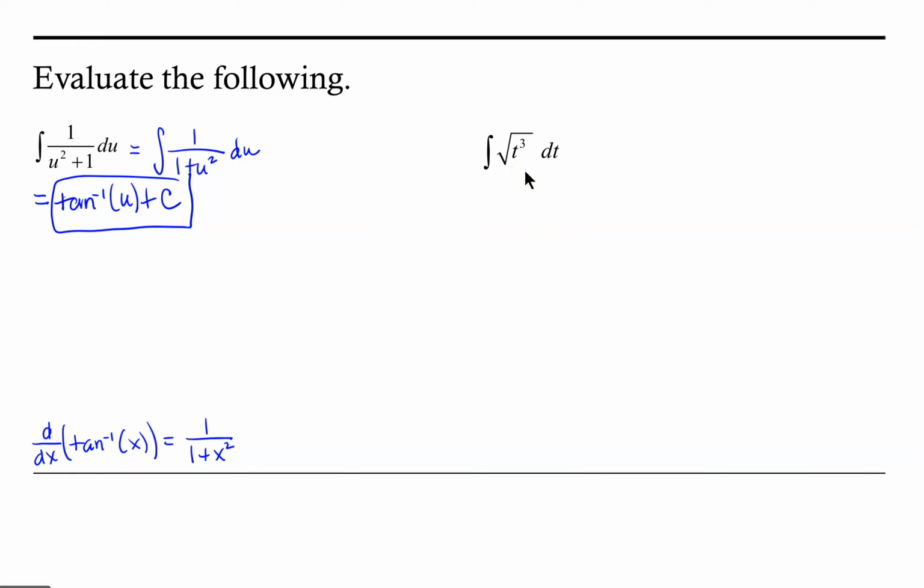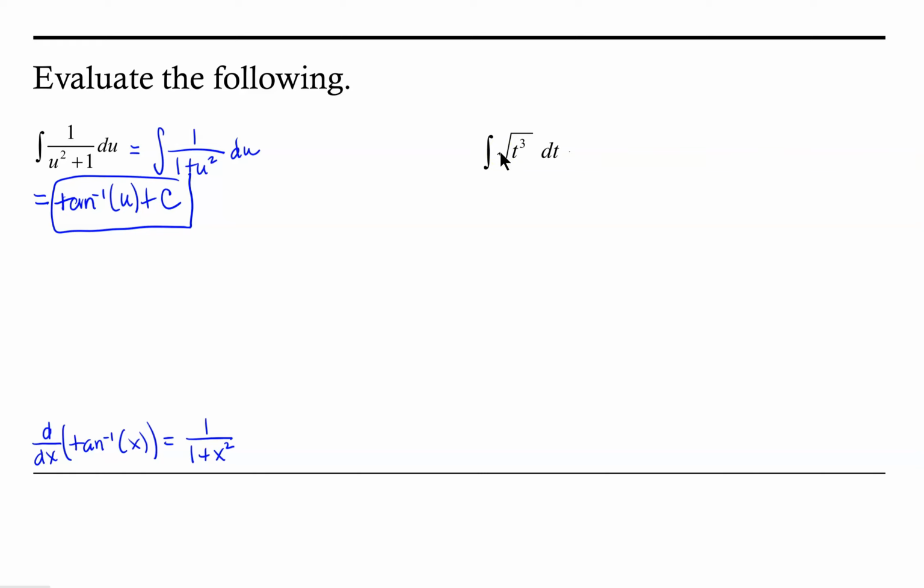Our next example, we're looking for the indefinite integral of the square root of t cubed. The first thing we'll want to do here is take our integrand and rewrite it so that it is t to a power.